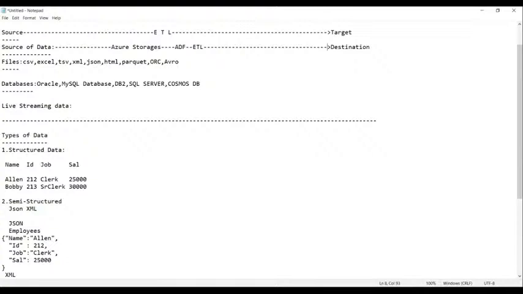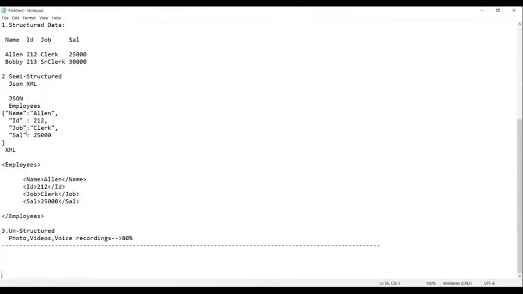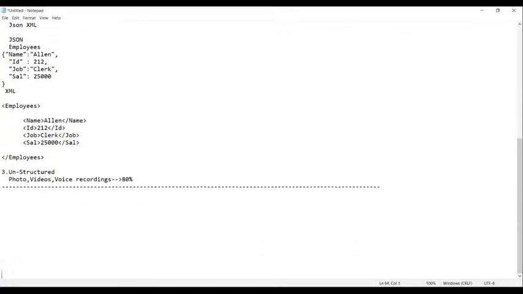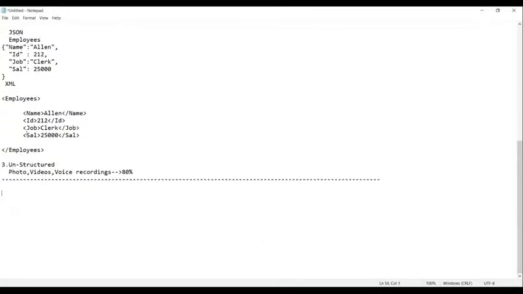So everyone knows now what the source is and what the types of data are. Now we have the following storages in Azure. Storages in Azure.